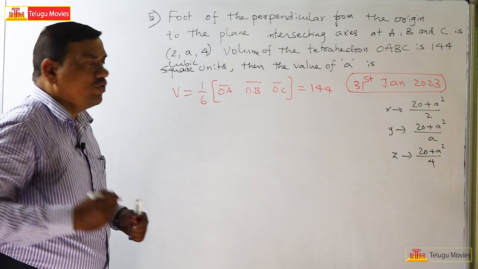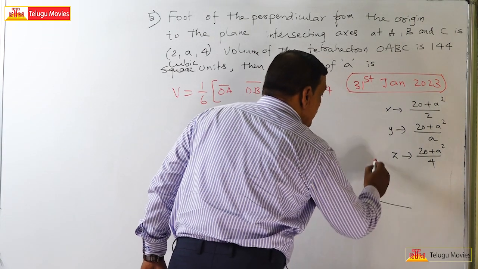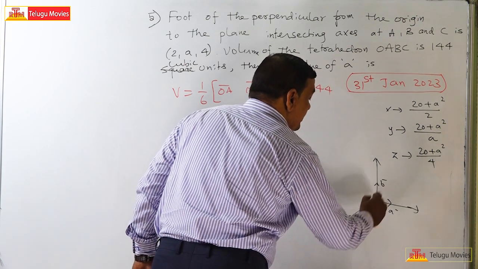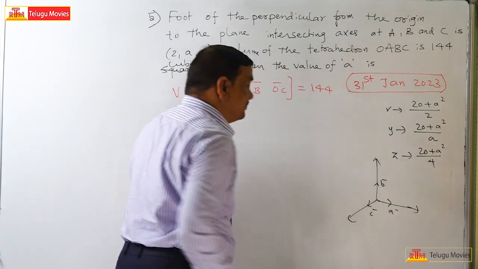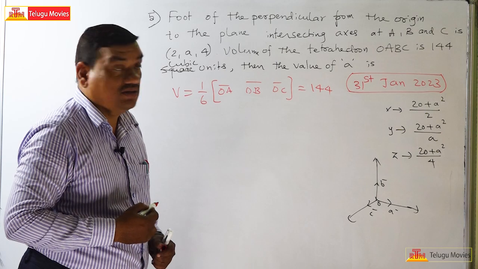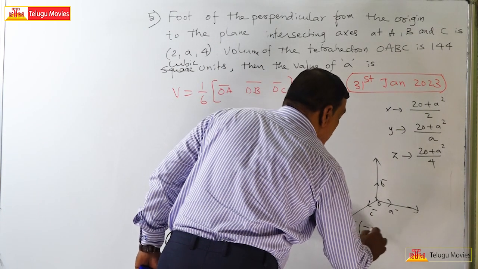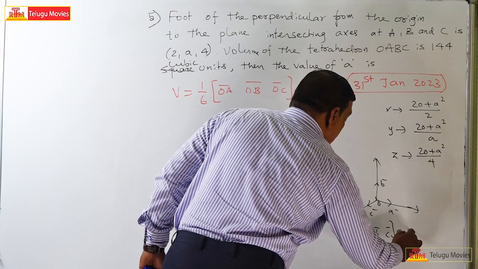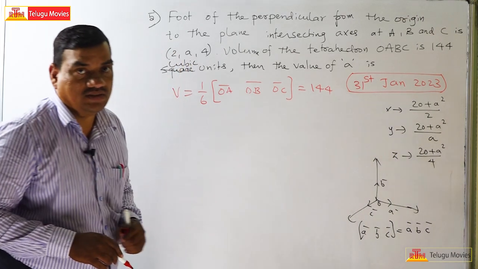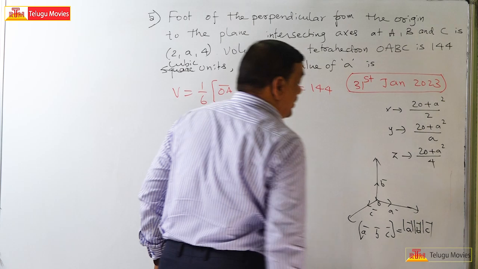In a three-dimensional system, take A bar, B bar and C bar, three vectors starting from O. Then the box product of A bar, B bar, C bar is nothing but the modulus of A bar into modulus of B bar into modulus of C bar.